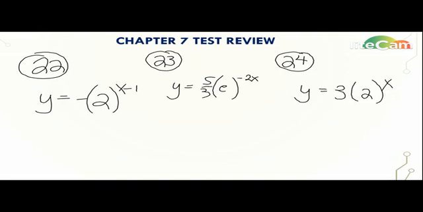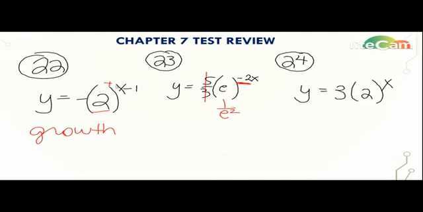So at this point, I have y equals negative 2 to the x minus 1. For 22, there was a plus here and a base that is greater than 1. So this ended up being a growth.